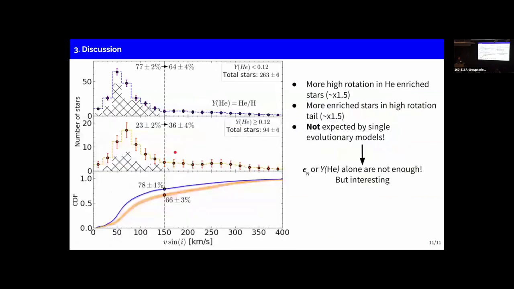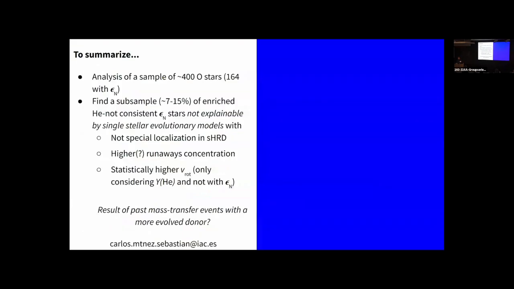So it's not expected by single evolutionary models, and we can also say that neither helium nor nitrogen alone is enough to discriminate between mass transfer and single evolutionary models. So we have to get abundances of both parameters and more elements if possible, as Nikolai was showing yesterday. And that's it for my side. I will let you hear my conclusions or a summary of the presentation, and thank you for the attention.